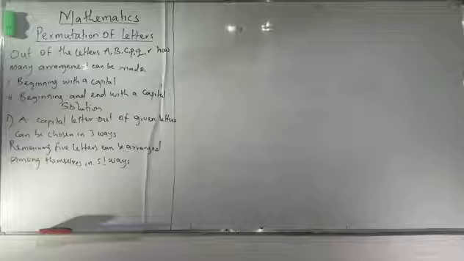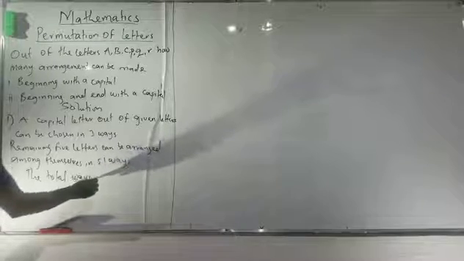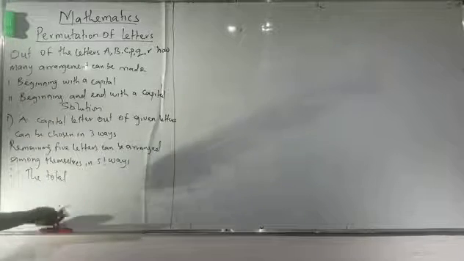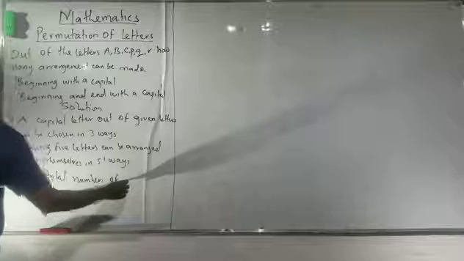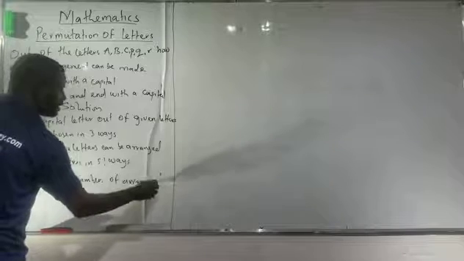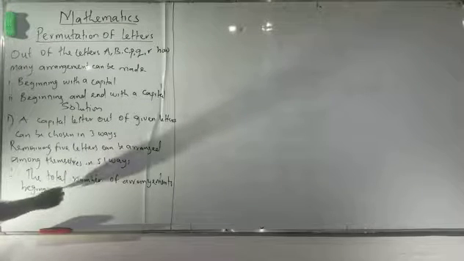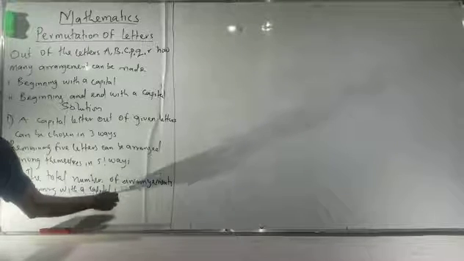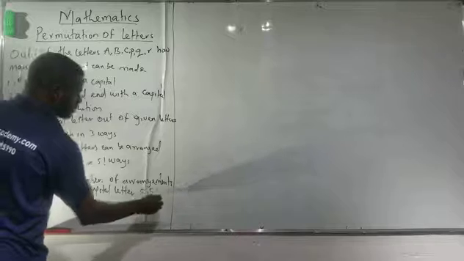Therefore, the total number of arrangements beginning with a capital letter will be equal to 5 factorial ways multiplied by 3.